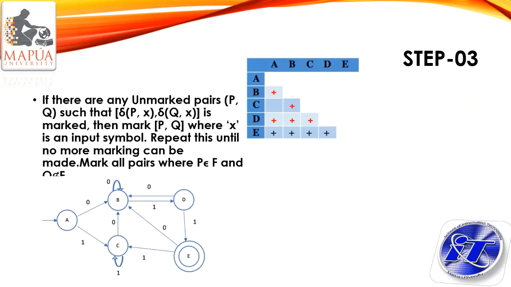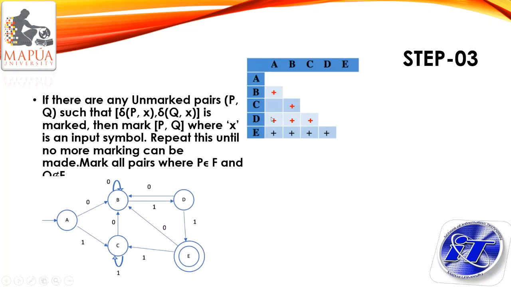For example, B. All related cells to B are marked, so therefore B will be one group. Same with E, all cells corresponding to E are marked, so therefore E will be one group. Same as with D, all cells are marked, therefore D will be one group.